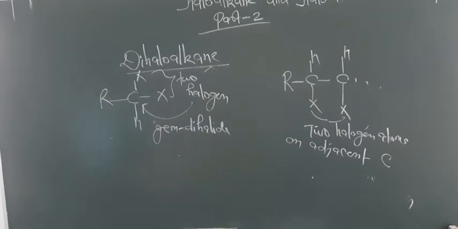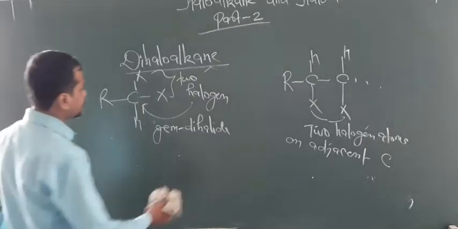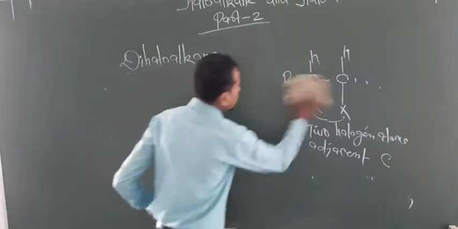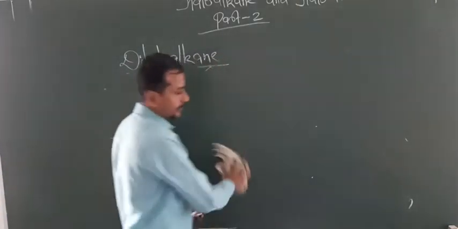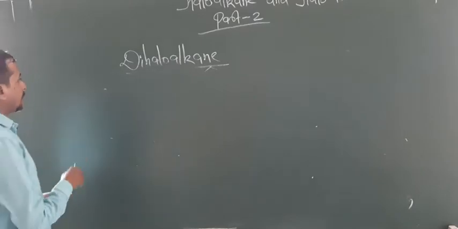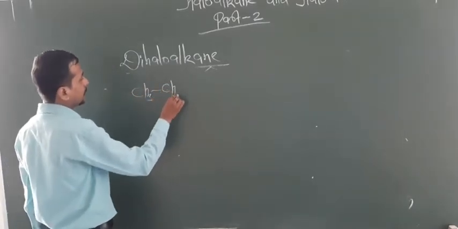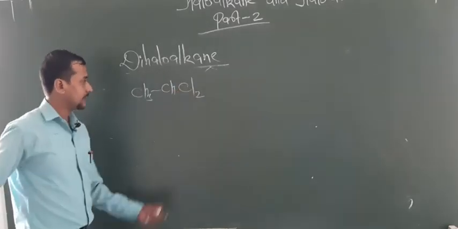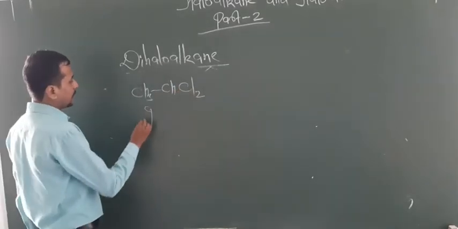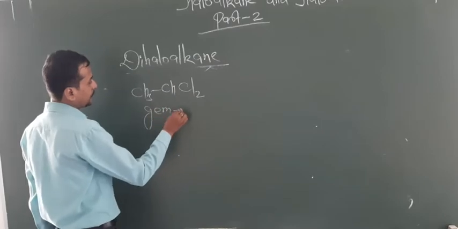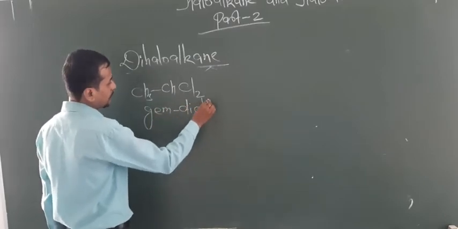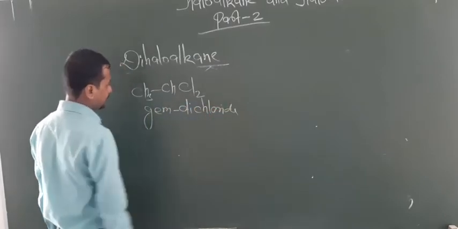Now students, look at the examples, the common names given to the dihalides and also their IUPAC names. One example to make the dihalides clear: CH3CHCl2. This is basically a gem dichloride.